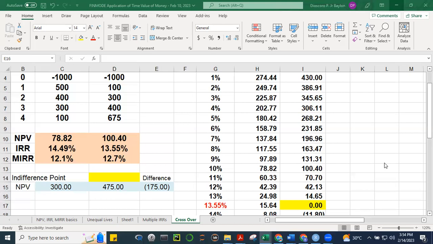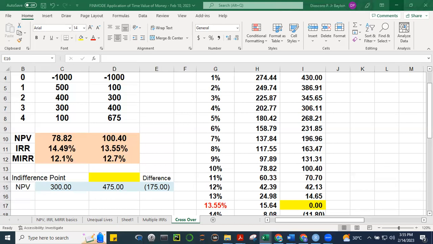Actually I gave already the answer. The indifference point is that rate of return, that WACC, where it doesn't matter whether we choose project S or project L.